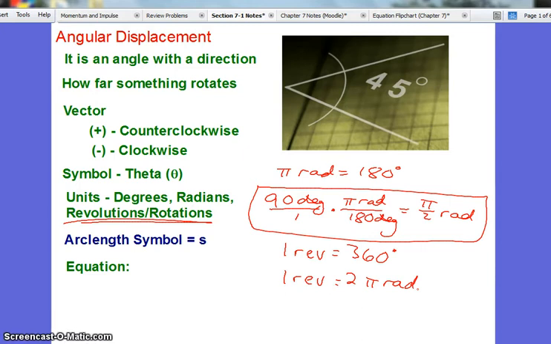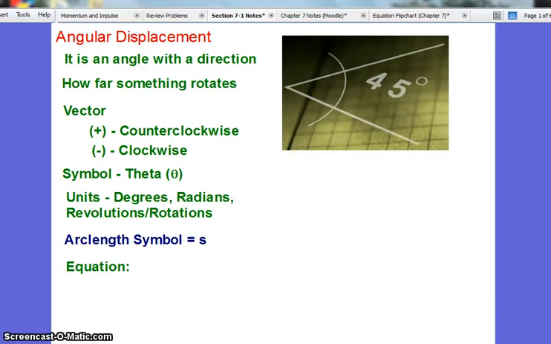Now before ending here, I want to talk a little bit about this unit of radian one last time, and that is if we look at our equation for arc length equals radius times the angular displacement, we rearrange this to be arc length over radius equals angular displacement.